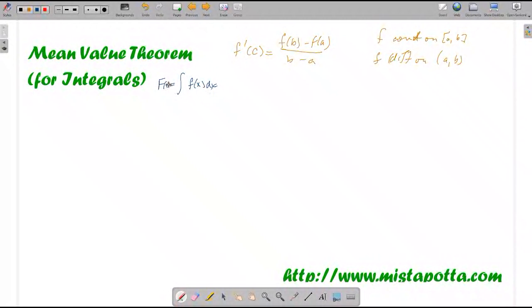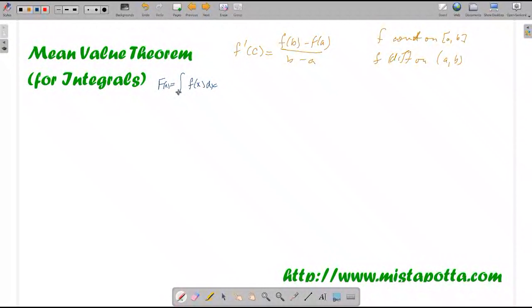In other words, if I have some function that's going to be behaving as the antiderivative, well, if my function f was continuous, then certainly the antiderivative must be continuous, because it's just the area of a continuous function.